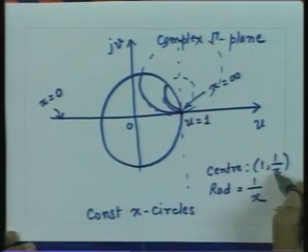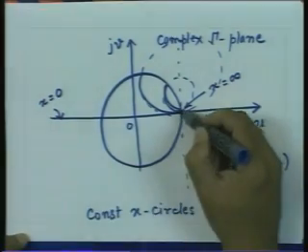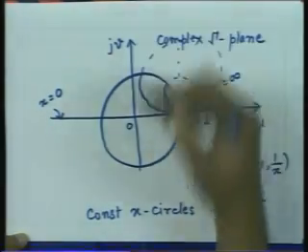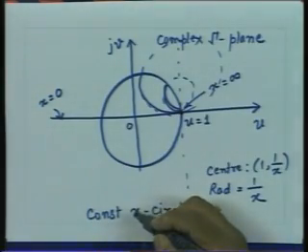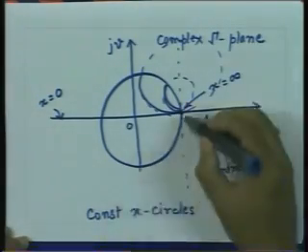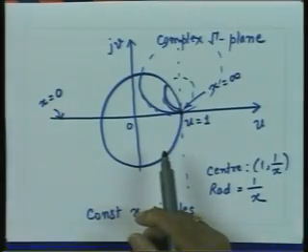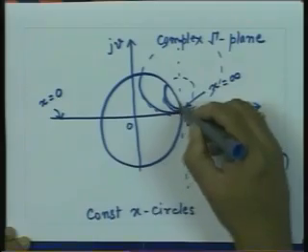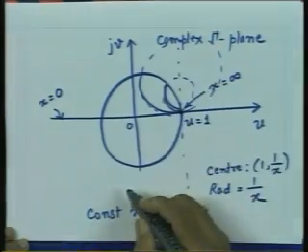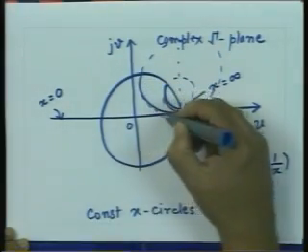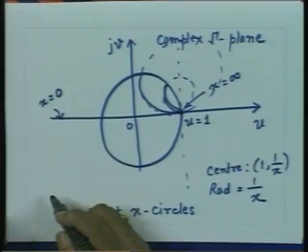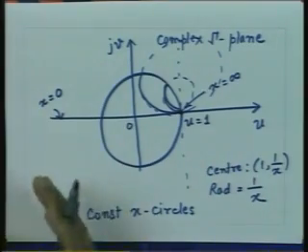So, for all positive values of x, the inductive reactances, their centers will always lie on this line, but on the upper half of the complex gamma plane, and that is the reason this circle will always lie above the u axis. So, these curves which are within the unity circle represent the reactive parts corresponding to the passive loads.